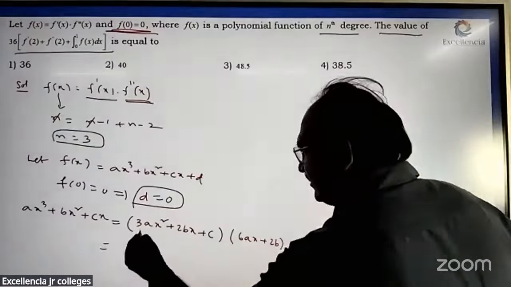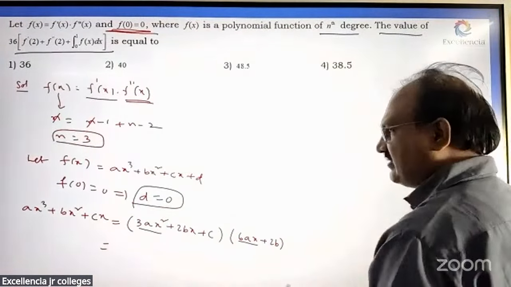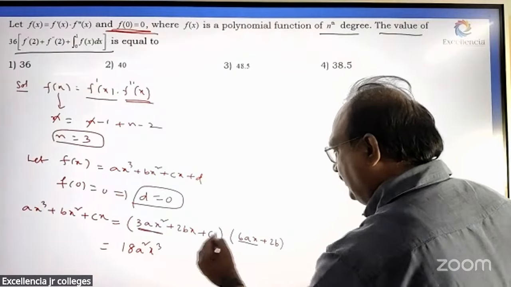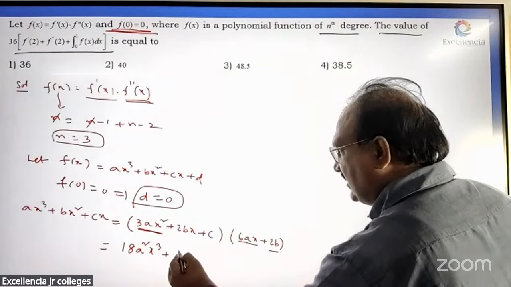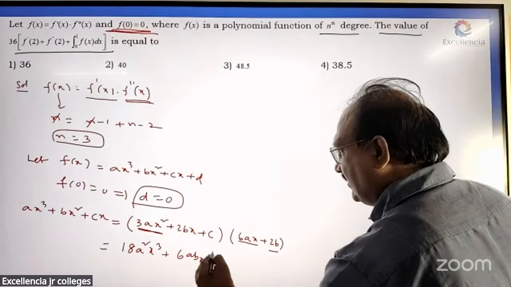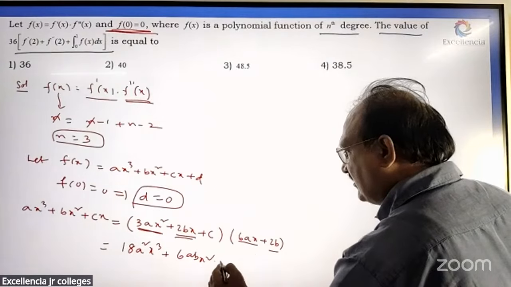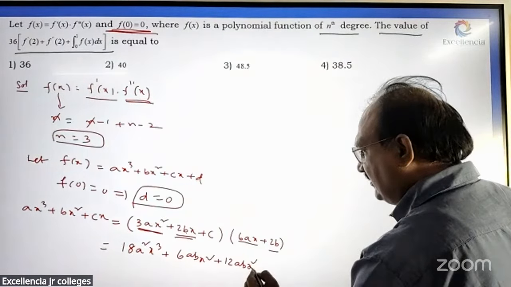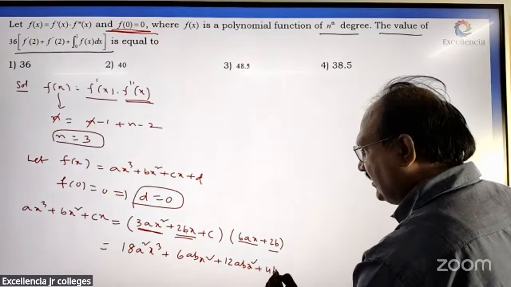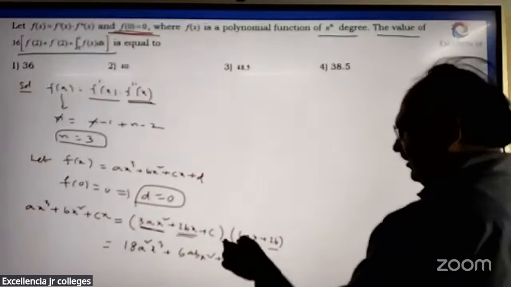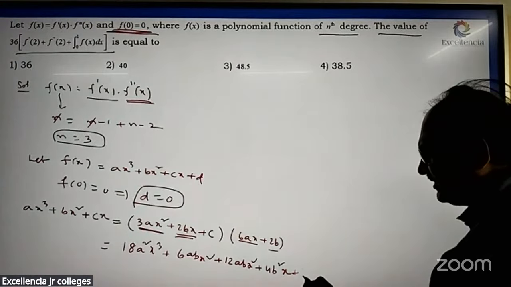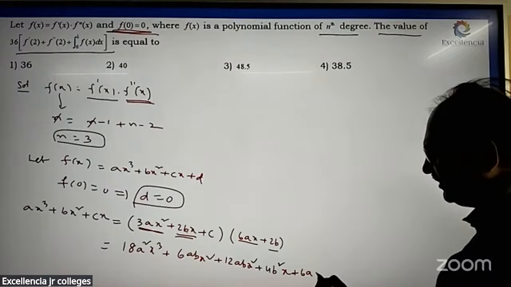When you multiply 3ax square with 6ax, that is 18a square x cube. When you multiply this with this, that is 6ab x square. When you multiply this with this, it is 12ab x square. When you multiply this with this, that is 4b square x plus 6ac x plus 2b.